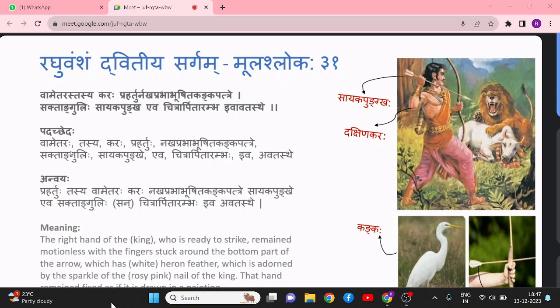So the anvaya would be: prahartuhu tasya vametarah karaha nakhaprabha bhushita kankapatre sayaka punkhe eva saktangulihi san chitrarpitarambha iva avatasthe.